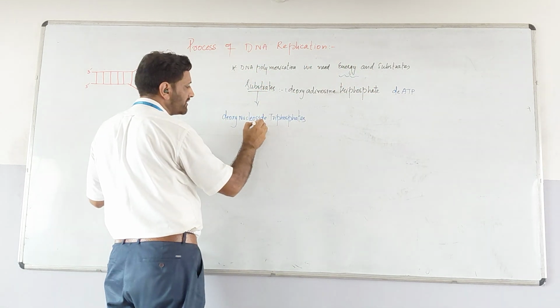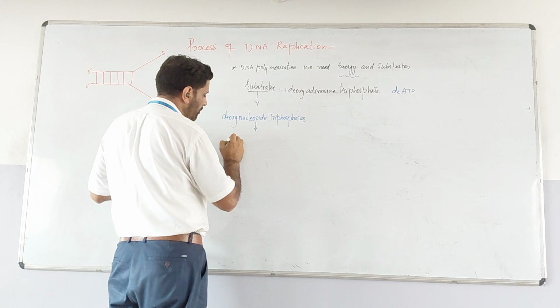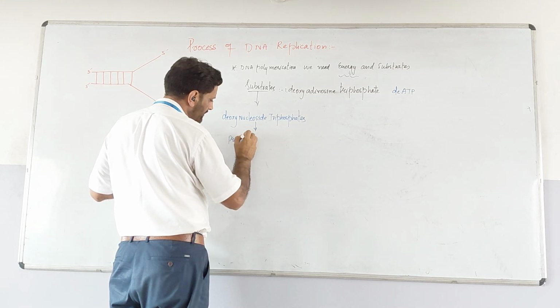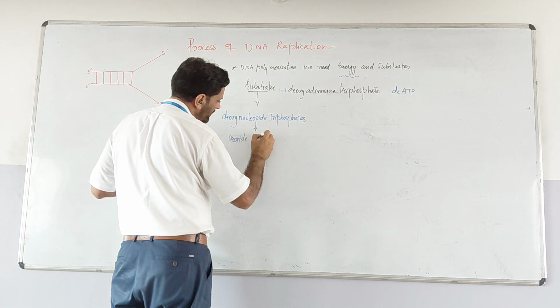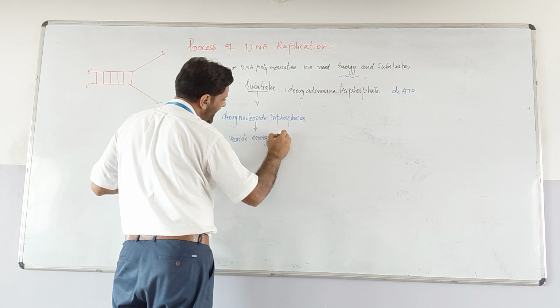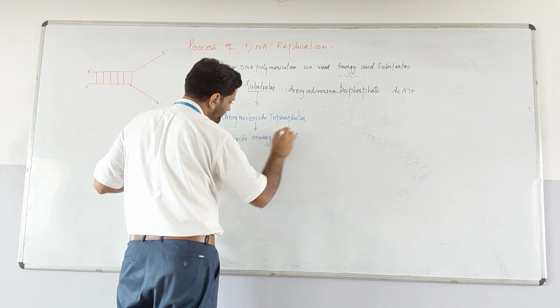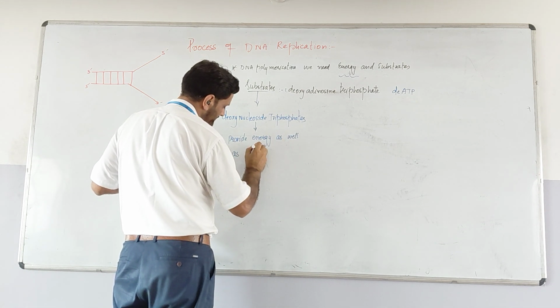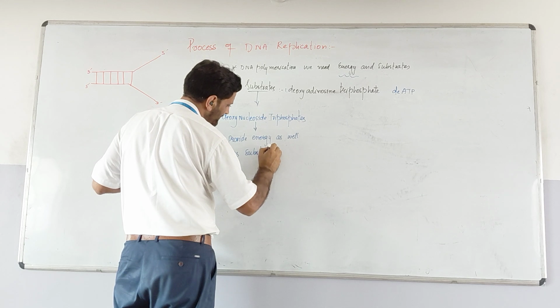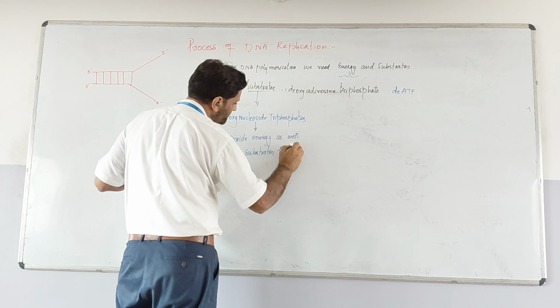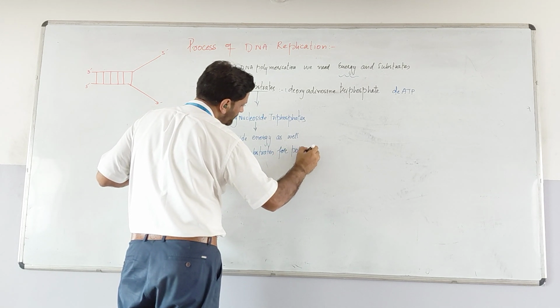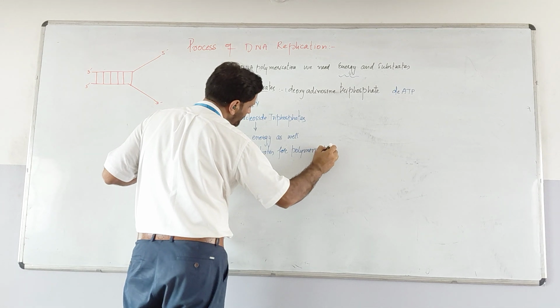So these deoxynucleoside triphosphates provide energy as well as substrates for polymerization.